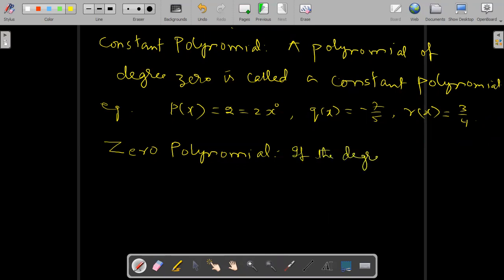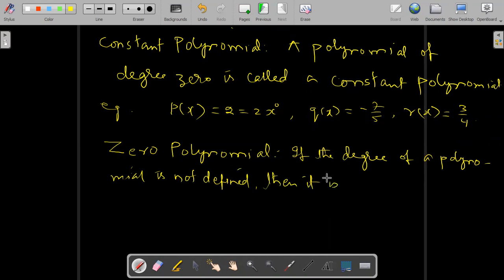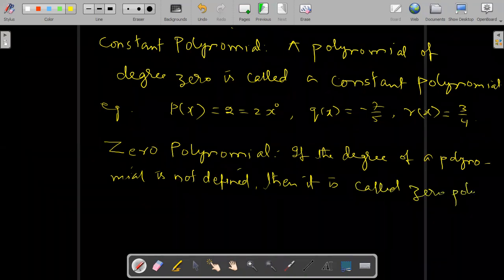If the degree of a polynomial is not defined, then it is called the zero polynomial.